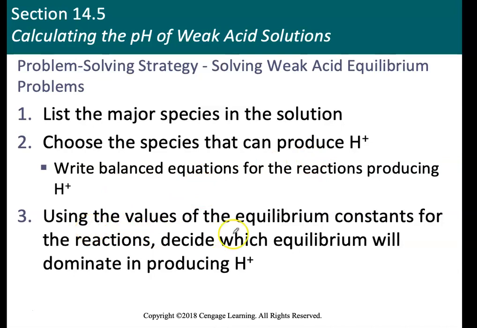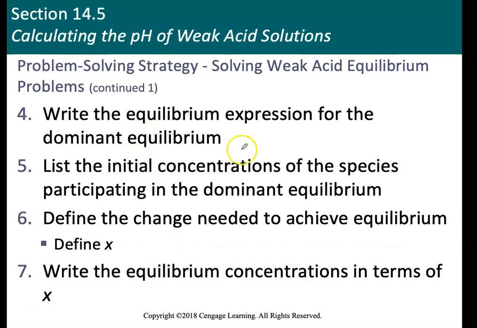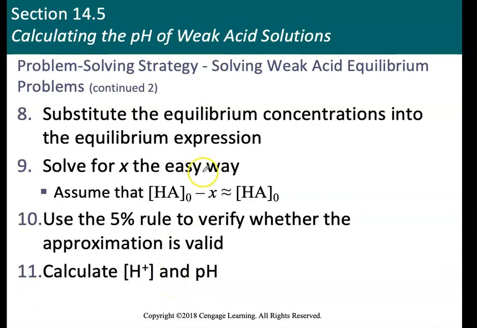Using the values of equilibrium constant for the reaction, decide which equilibrium will dominate in producing H+, and then write the equilibrium expression of the dominant equilibrium and list the initial concentration of the species. Define the change, write the equilibrium concentration in terms of the change, and then substitute into the equilibrium expression. Then you solve.